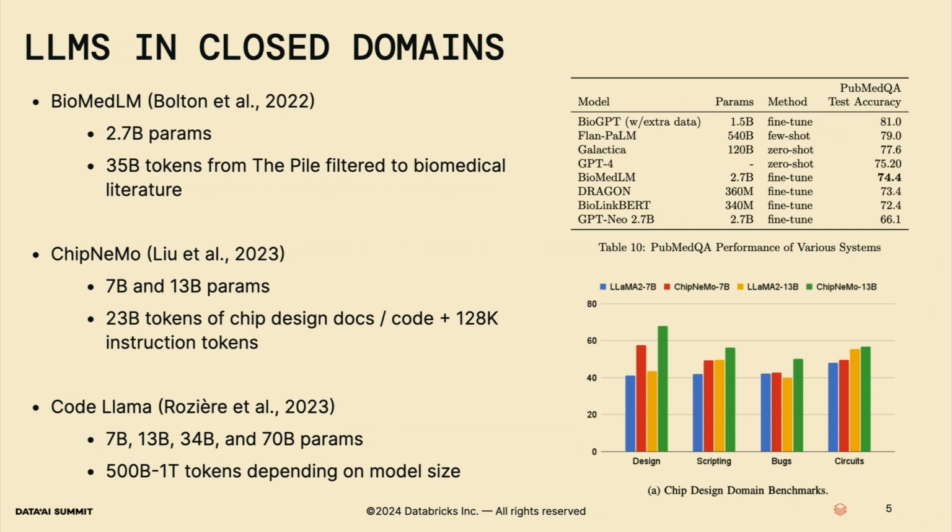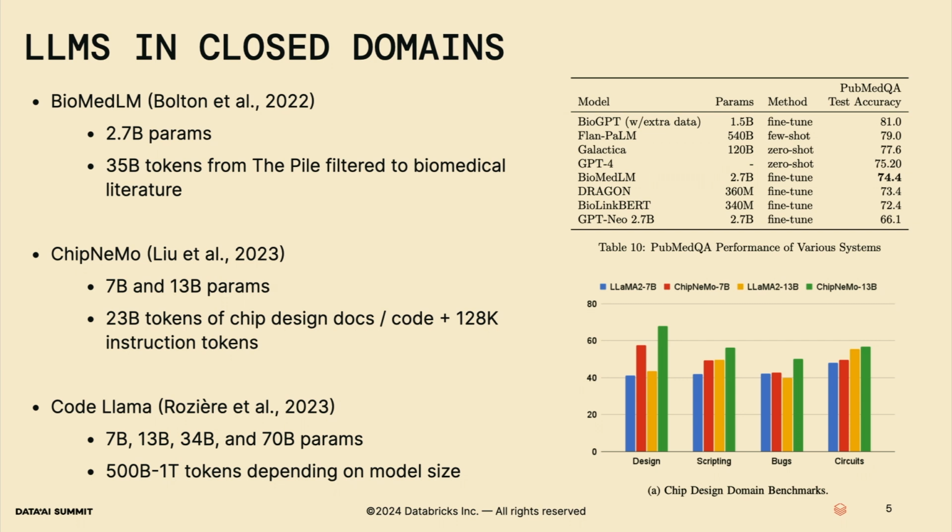And then they also formed a smaller data set of instructions to tune this model for instructions around chip design. If you look at the bottom right there, the red and green bars, which are the ChipNemo models, they compare them to the original Llama variants. And depending on the exact task, like chip design or scripting chip design languages, they do quite a bit better than the off-the-shelf variants.